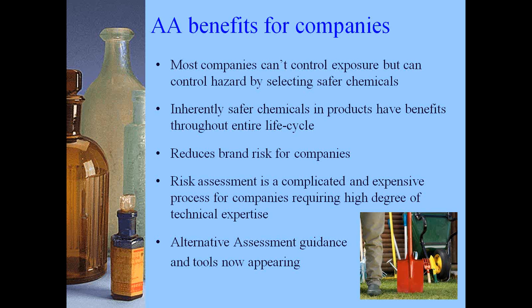Quite often, a lot of assessments only look at risk associated with a particular use of a product. They don't often look at what exposures and hazards are associated with manufacture, transport, storage, use, and end of life. So they don't look at all of the components.